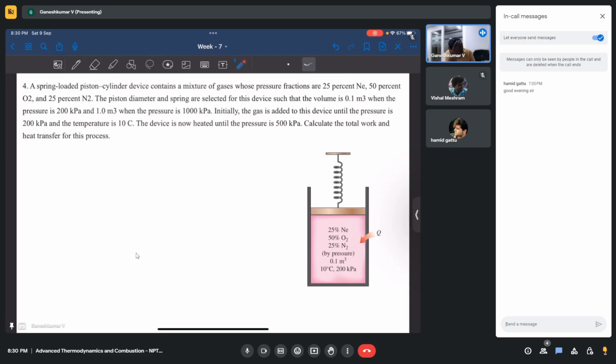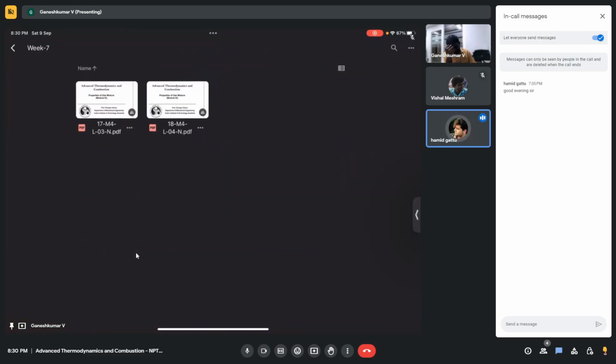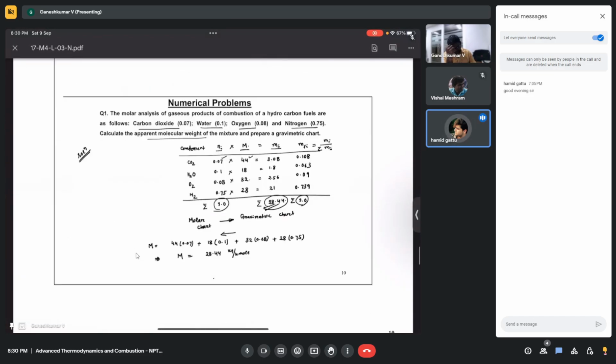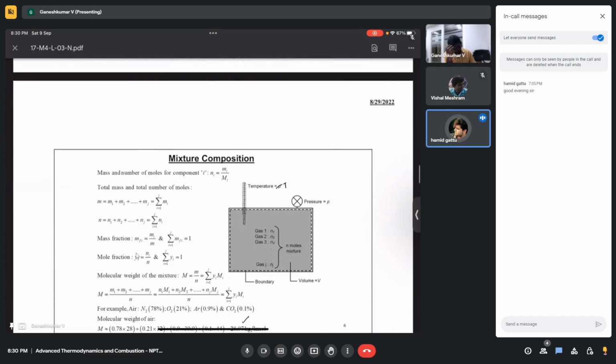Now, what was partial pressure? Sir, when we use Dalton's model, it is very consistent with the ideal gas model, because in the ideal gas we do not consider the size of the molecule and the forces it exerts within each other.